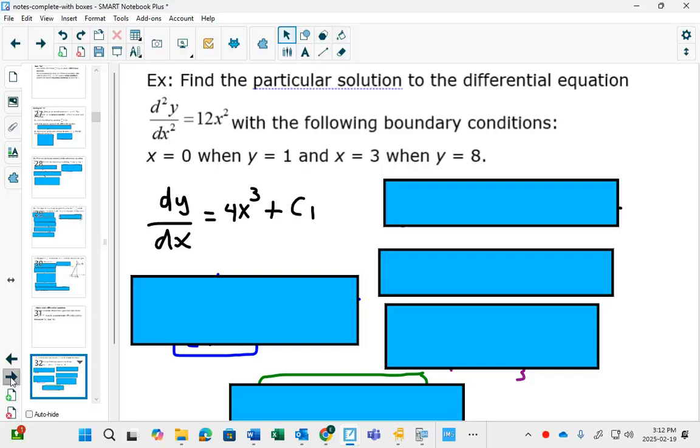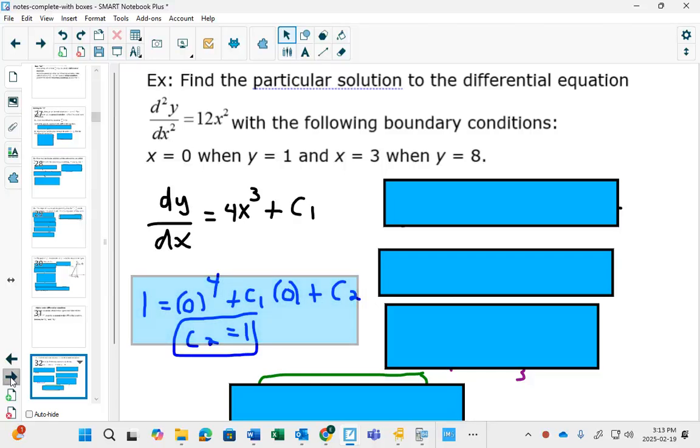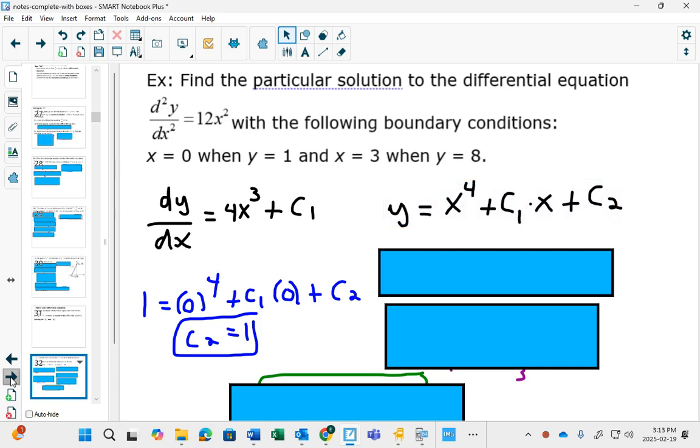It might give you a boundary condition for the derivative. It might say, when x is 3, the slope of the tangent line is 2. So then you could plug in 3 for x and 2 for dy dx. This one doesn't do that. It just gives us information about the original equation. So if I work backwards again, then I would get a C2.